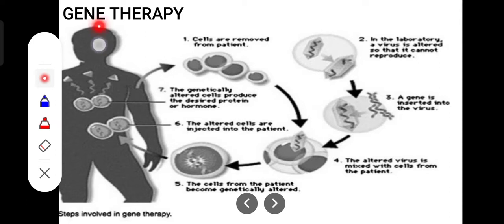Next, we also have here gene therapy. These are the steps of gene therapy. First, the cells are removed from the patient. Next, in the laboratory, a virus is altered so that it cannot reproduce. So the virus can no longer infect, because it has been altered, it has been cut.